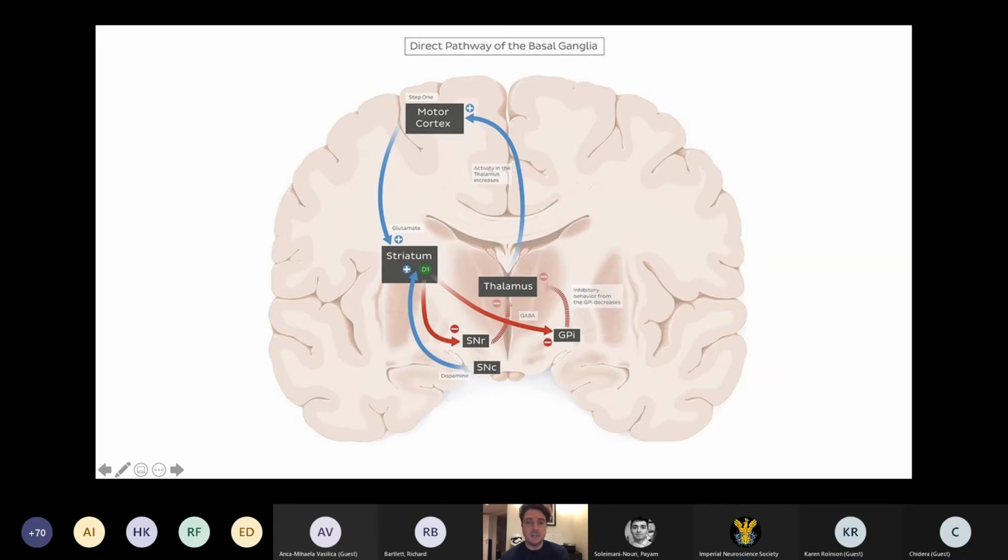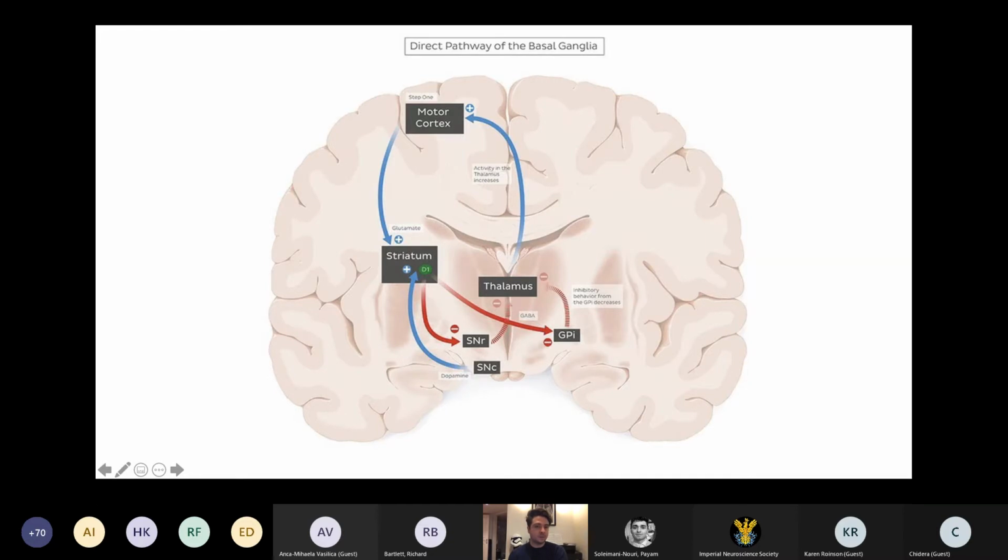Because of that, you've released the thalamus, which will have an increased activity to the motor cortex, and that will continue the motor loop. So just to go through that again, because this is our baseline movement. Motor cortex, you get an order, you're going to pick up a pen. You get glutamate, our positive excitatory neurotransmitter, which excites the striatum.